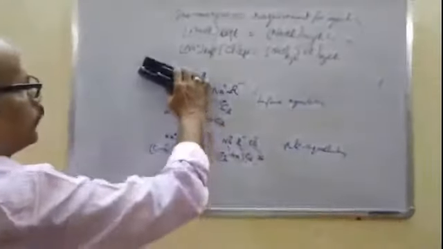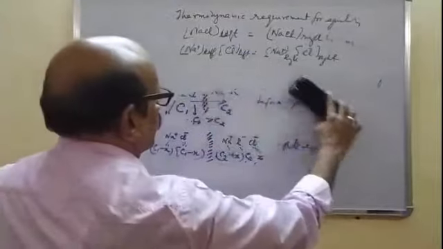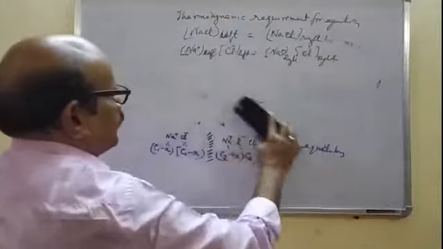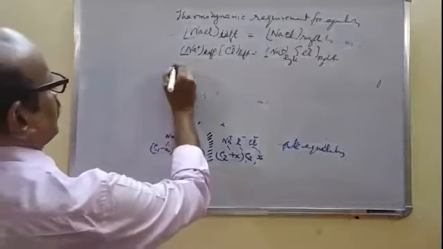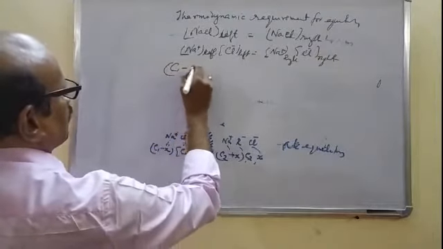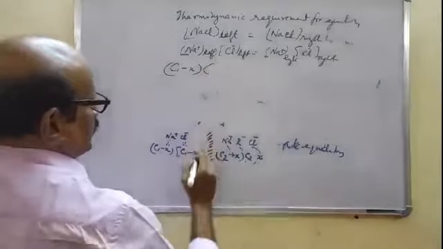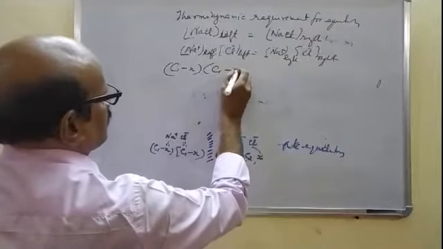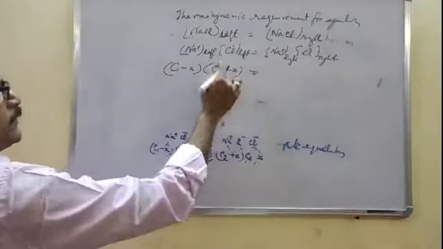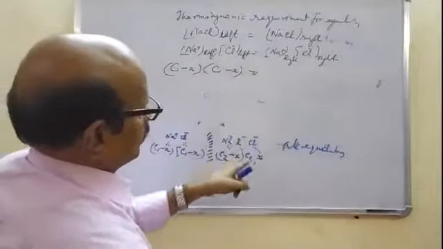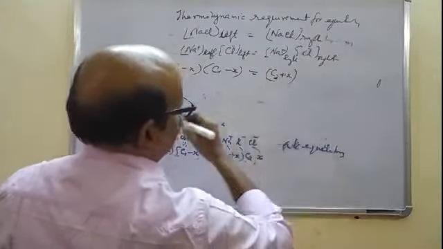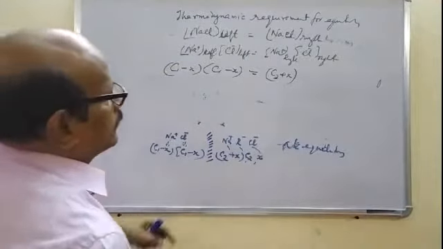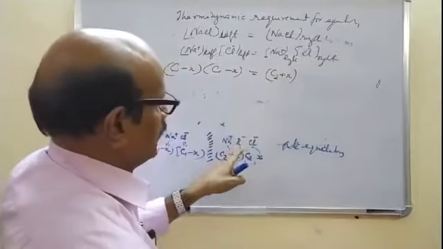Now you substitute the value of the equilibrium concentration of Na plus and Cl minus on the left and right. That is C1 minus X into C1 minus X is equal to the concentration of Na plus on the right, C2 plus X, into the concentration of Cl minus.